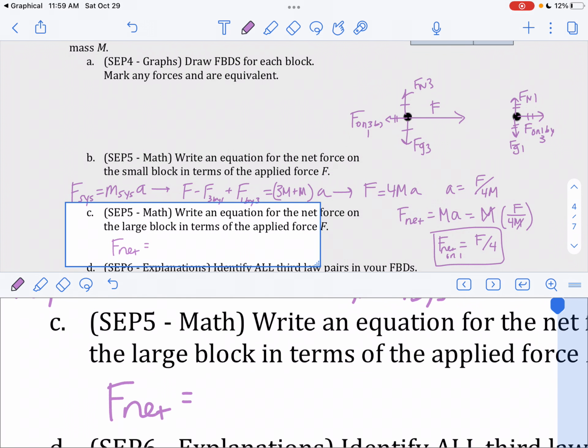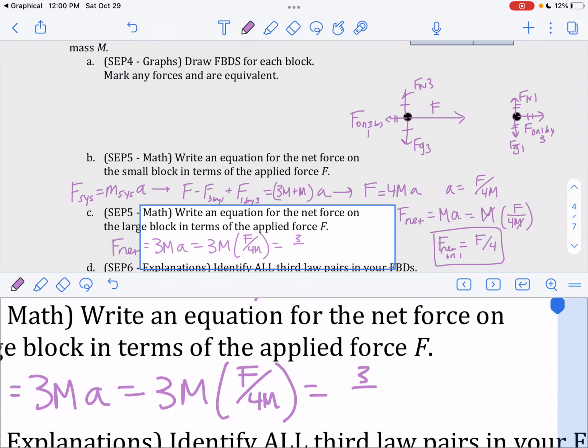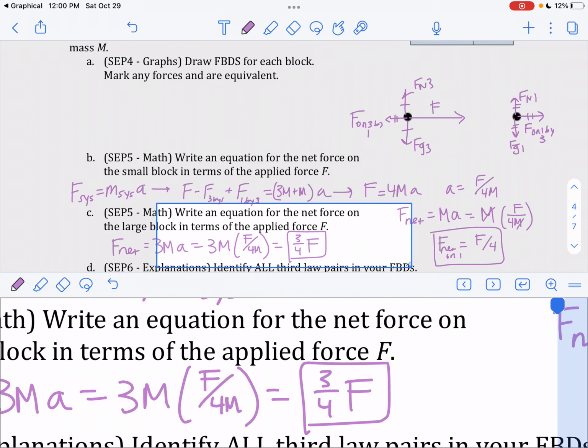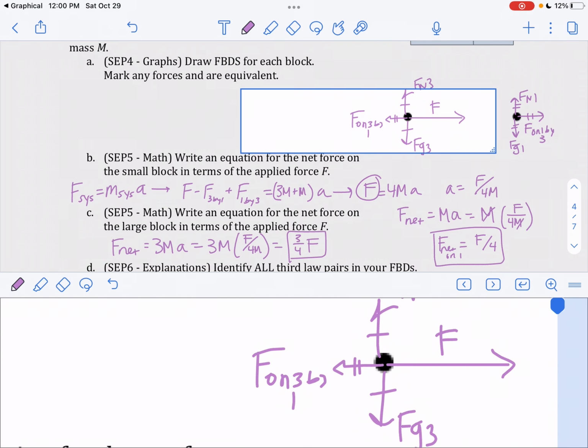So FNet on the big block would be 3m times a, which is the same thing as 3m times the acceleration of the system. And the masses cancel, so you get 3/4 F. And that actually makes sense because the net force on the system is F, right? And this has 3/4 of the mass of the system. And so it would make sense that if you have 3/4 of the mass of the system, you would need 3/4 of the FNet for the system to accelerate at the same rate.